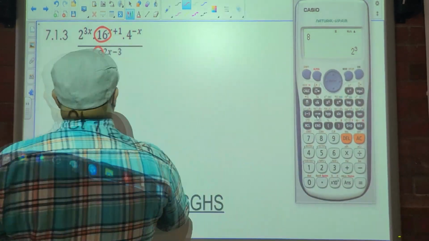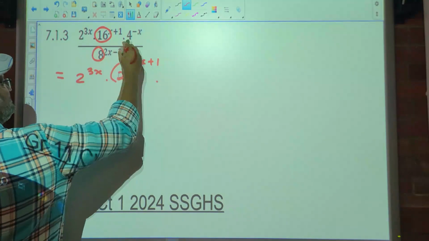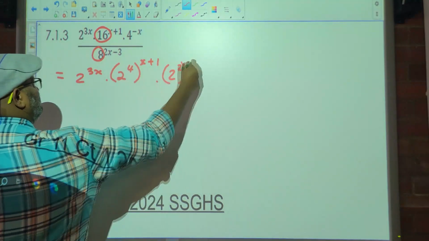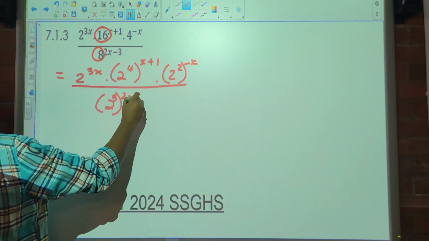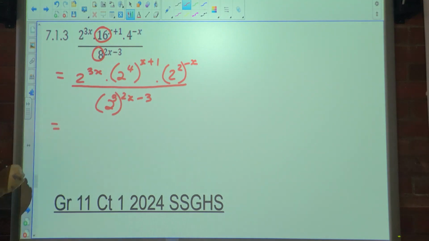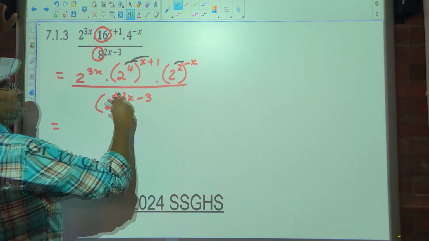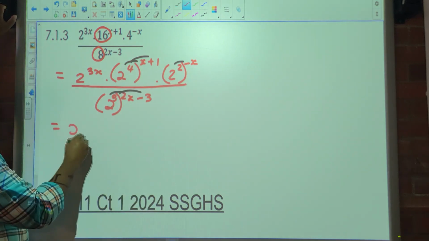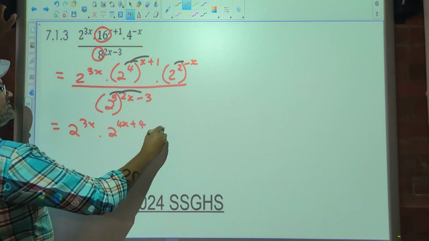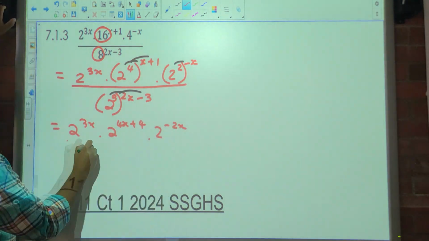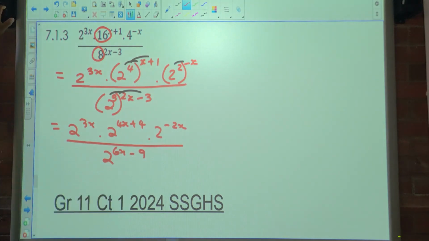Alright, that's going to give you 2 to the 4 raised to the x plus 1 times 4 is 2 squared to the negative x over 2 cubed raised to the 2x minus 3. So what do we do now, people? We multiply the exponents. It's going to be 2 to the 3x times 2 to the 4x plus 4 times 2 to the minus 2x over 2 to the 6x minus 9.